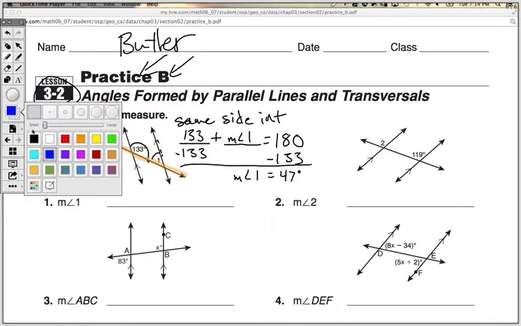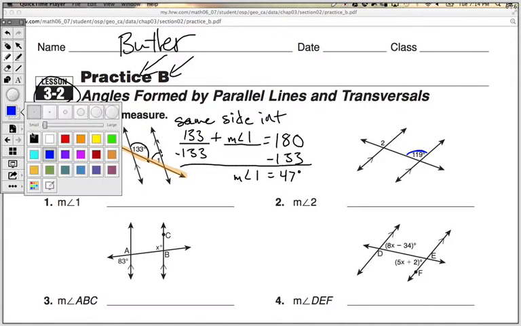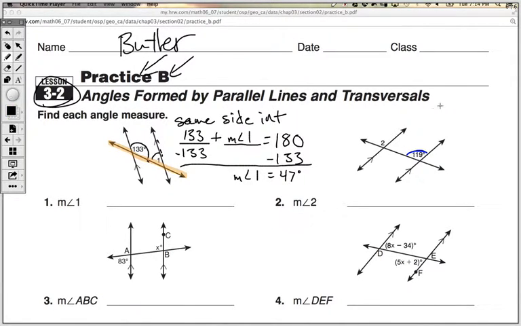Let's change up the color here a little bit. So we got 119 degrees for this one, and then we have this angle 2. The question is, it's going to be one of two things that we're starting to notice as a pattern here. Either the two angles are equal or congruent, or they're supplementary and they add up to 180. Which one?